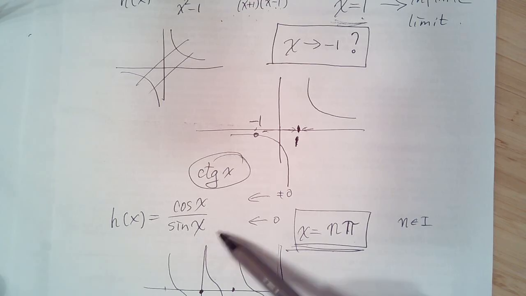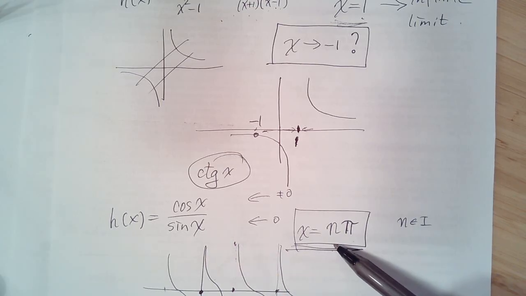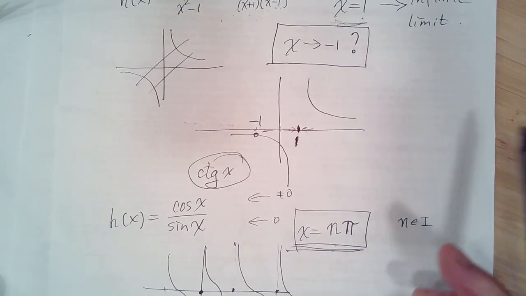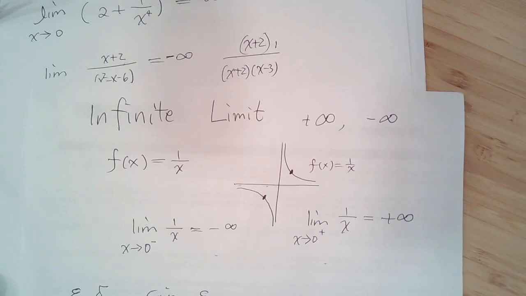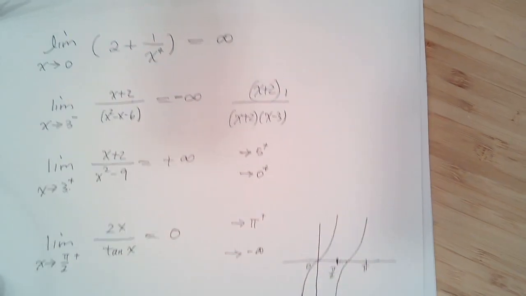So n pi will give you the vertical asymptote. So how do you determine a vertical asymptote? You find the c that makes the numerator non-zero but the denominator 0, and x equals c will be your asymptote.